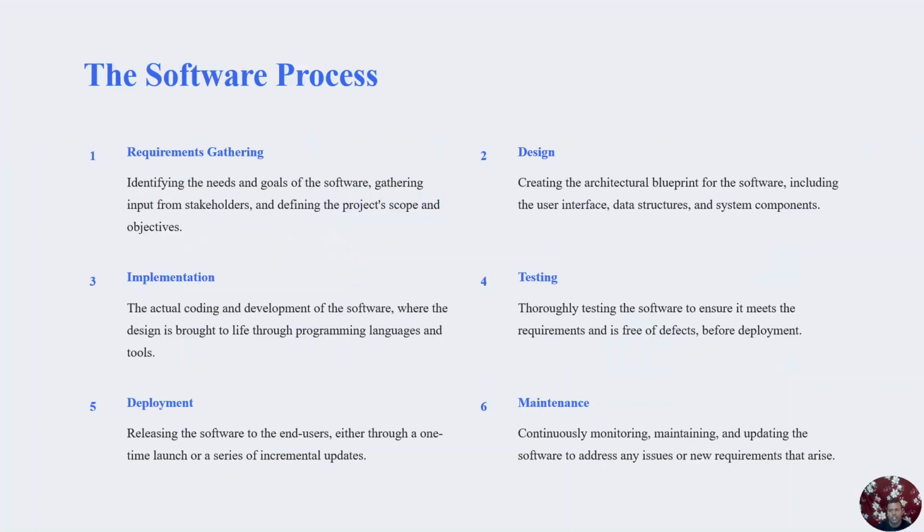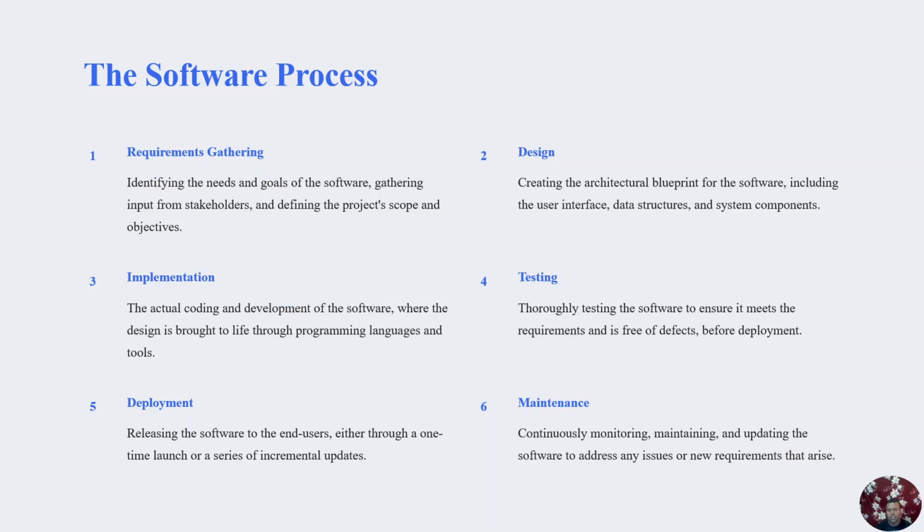Now let's see the software process. Requirement gathering. Identifying the needs and goals of the software, gathering input from stakeholders, and defining the project scope and objectives. Design. Creating the architectural blueprint for the software, including the user interface, data structures, and system components.